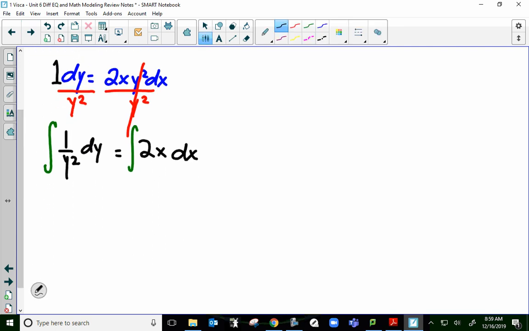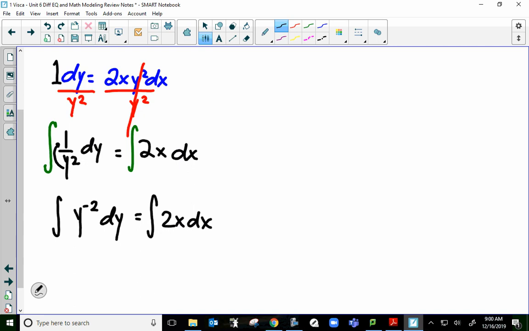But the first thing I'm going to do is change this on the left. I'm going to bring this up and negate my exponent, because it's always easier to work with exponents if I can avoid fractions. 2x dx. Now I'm going to integrate. Don't forget, I add 1 to the exponent.